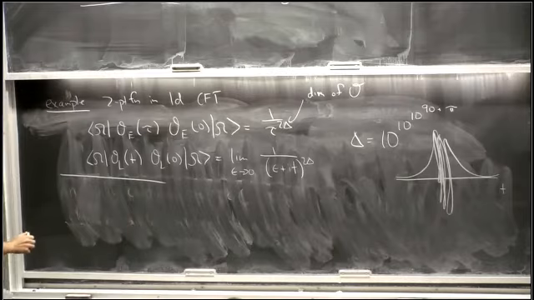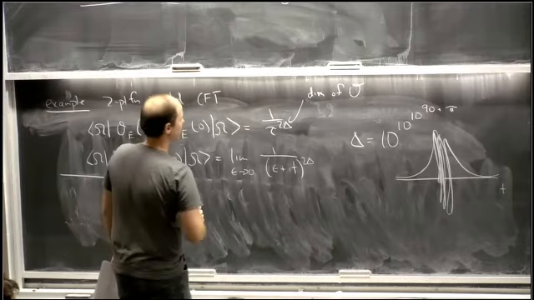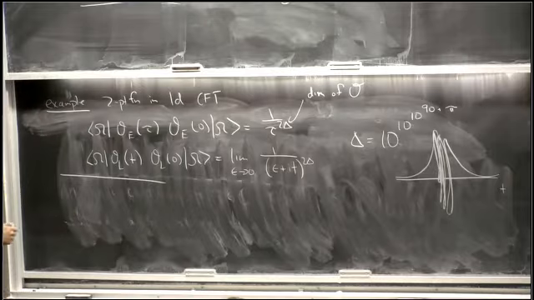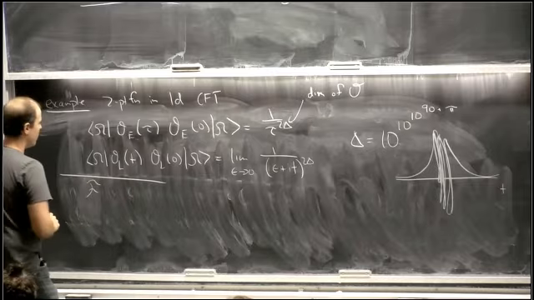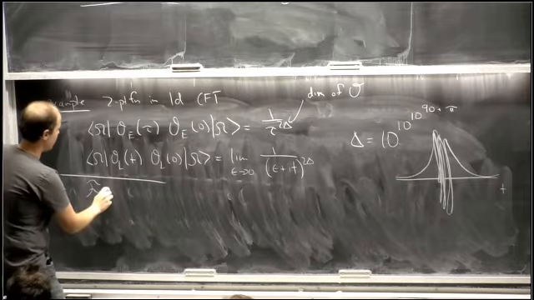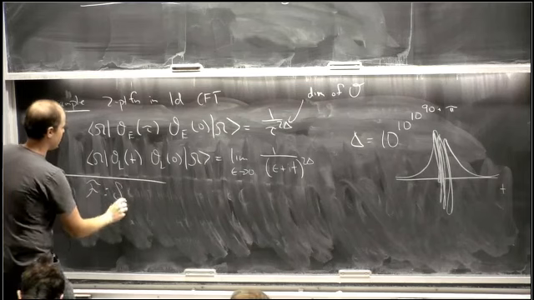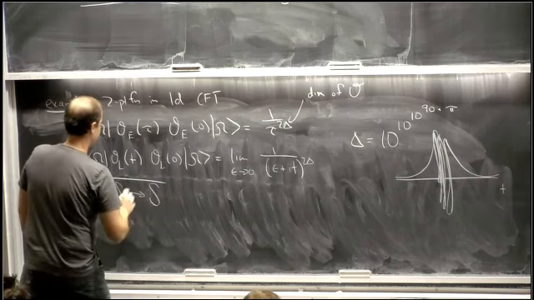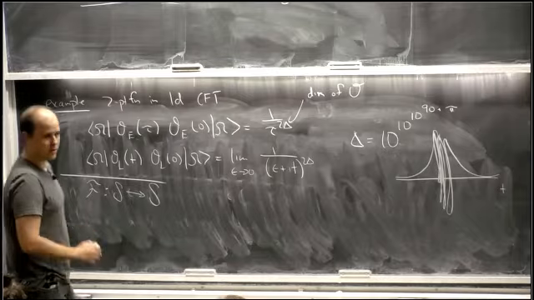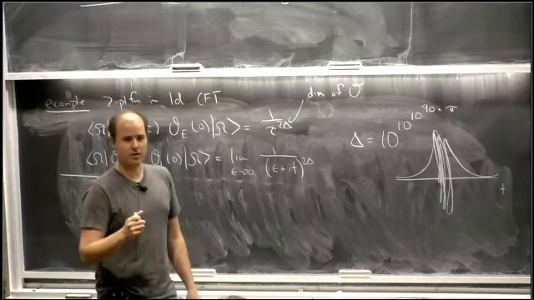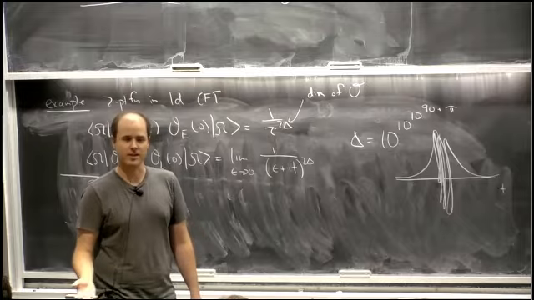The way to really make clear why this is a good tempered distribution is to look at its Fourier transform. The Fourier transform has a famous property that it takes Schwartz functions to Schwartz functions. For example, the first example of a Fourier transform that you ever compute is the Fourier transform of a Gaussian, and that's a Gaussian.